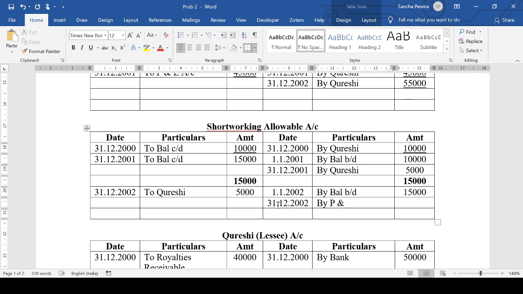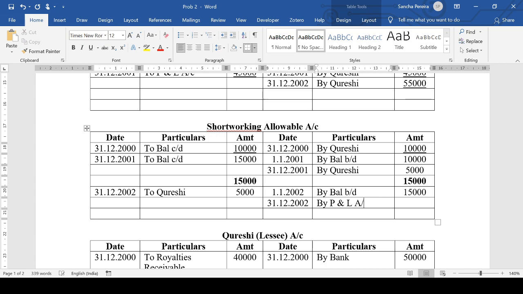What is the meaning of this? These are the short workings that the lessee won't be able to recoup. Even though the lessee has faced a loss, out of this 15,000, which is the short working right now, the short workings transferred to P&L account are the ones that the lessee won't be able to recoup at all.